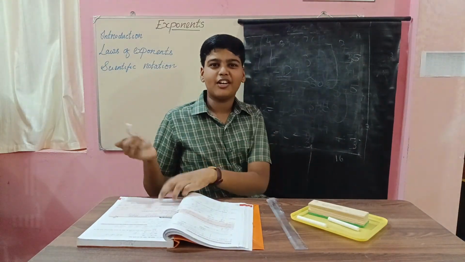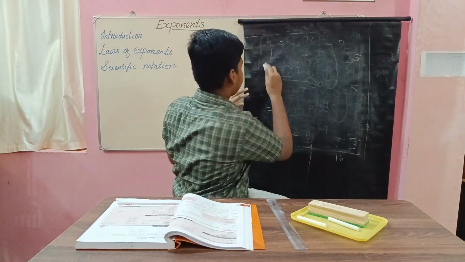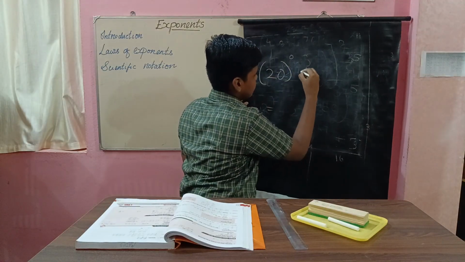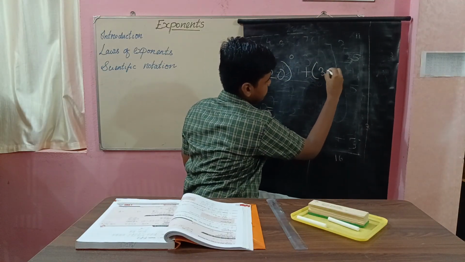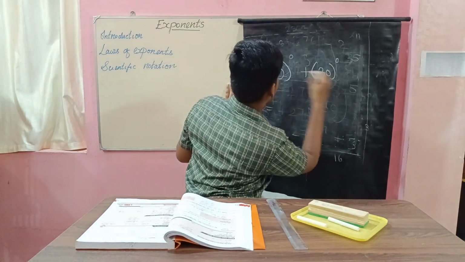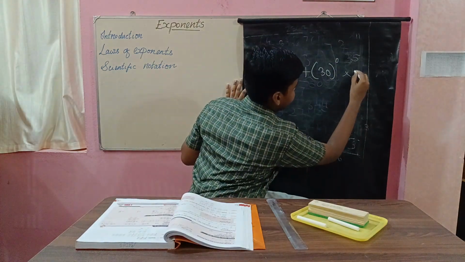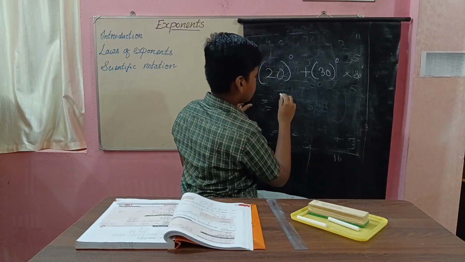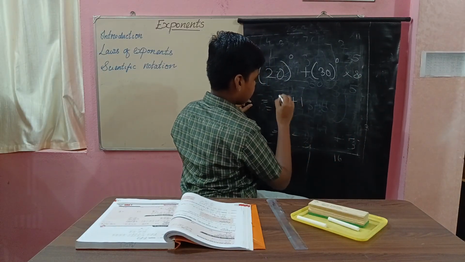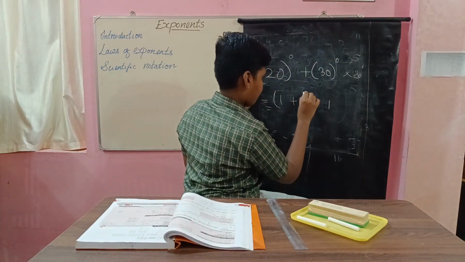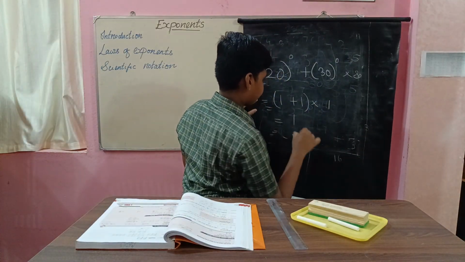So now over. And for exponents, I'll take some: 30 to the power of 0 into 80 to the power of 0. 1 plus 1 into 1. It is equal to 1.